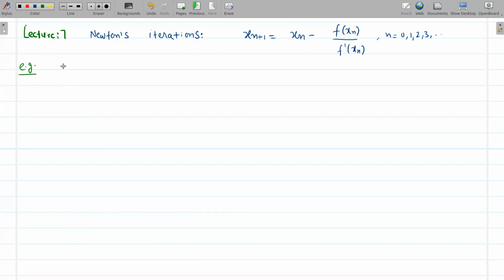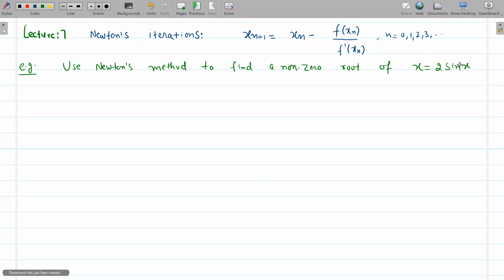So if you take a wrong initial guess, you may not get the answer. The question is: using Newton's method, find a non-zero root of x equals 2 sin x, correct to 3 decimals.